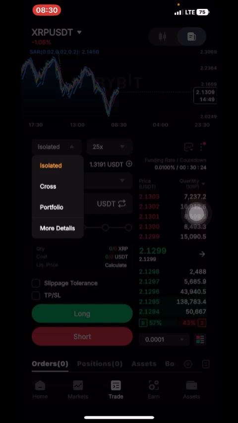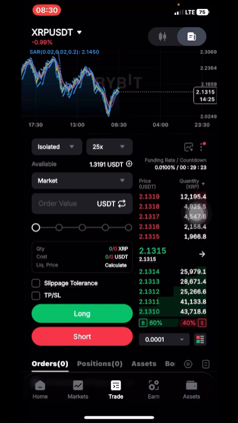If there's a problem, it will leave the futures and cross to the funding, which will affect your money. Isolated means that if you are liquidated on these futures, it's not going to cross to the other side. So your money in the funding wallet will remain safe.